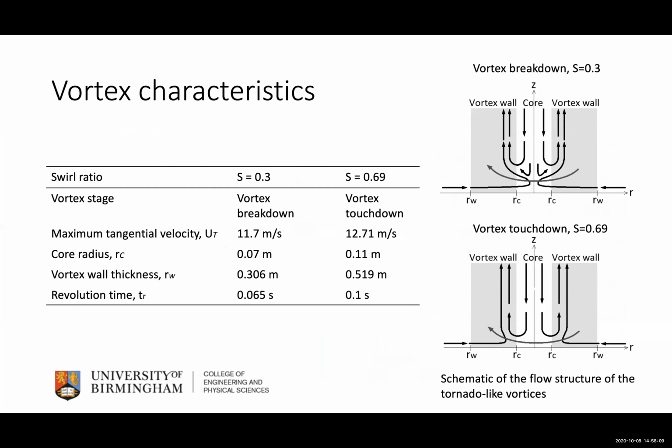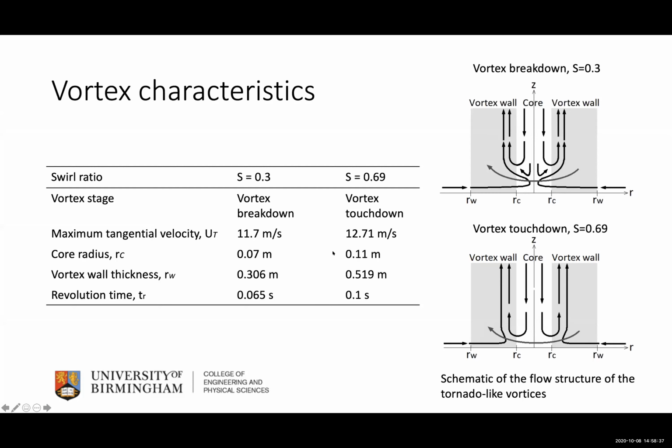In trying to characterize that, we realized that we actually generated essentially 2 different kinds of vortex structures. One which has been classed as a vortex breakdown in the literature, where the recirculation cell doesn't quite touch the ground, and one where it does. We defined our core radius slightly differently to a lot of colleagues, essentially at the center of this recirculation region.